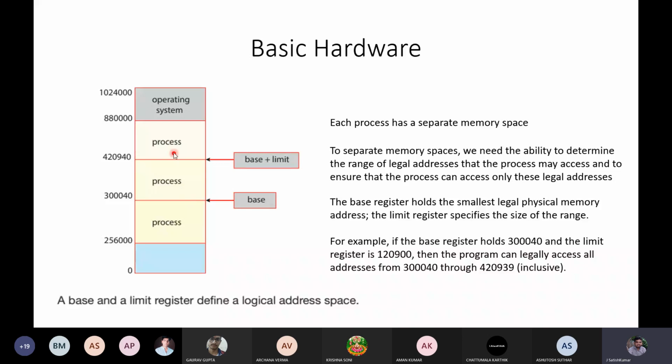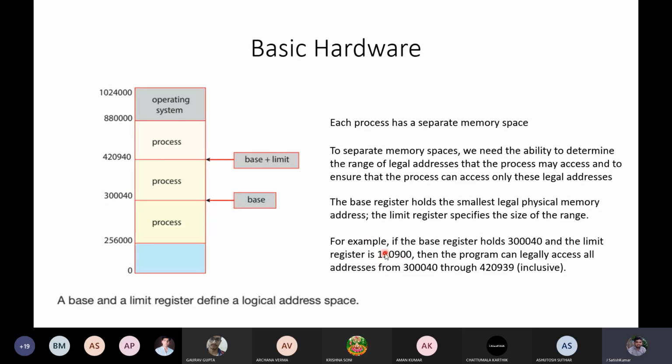We decide that based on two values, the base register and the limit register. For example, the base address for a particular process is 3,40,000, and the process requires 1,20,900 bytes of memory.